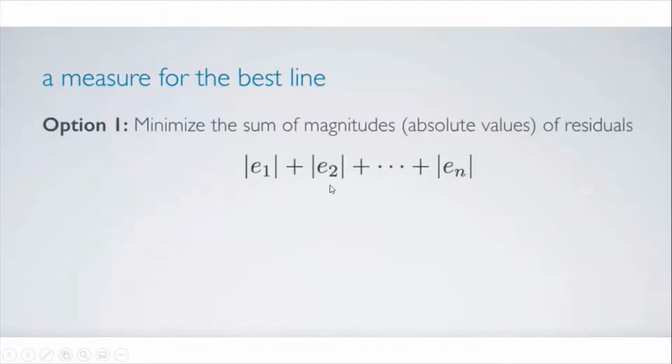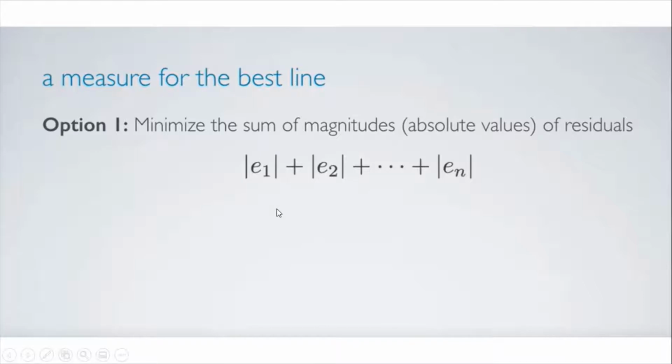And how do we calculate this? We have two options. The first one is, why don't we sum every error? So say you have 100 data points, then you get 100 residual values. So why don't we sum them and see which line will give us the lowest value? That is one option.